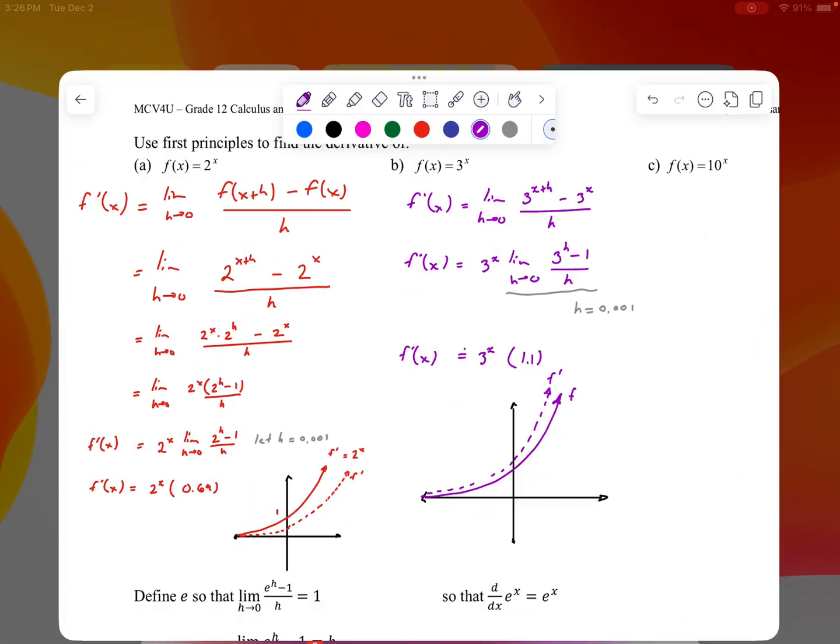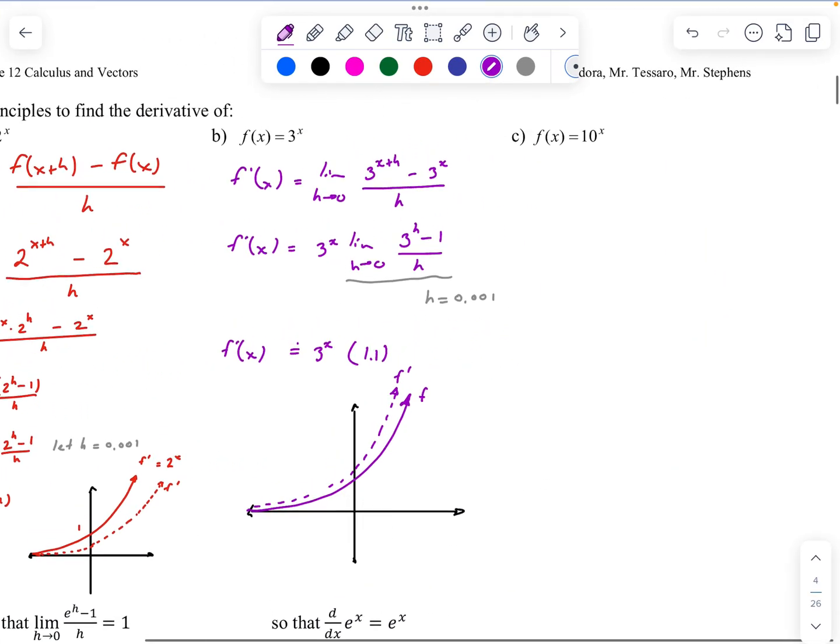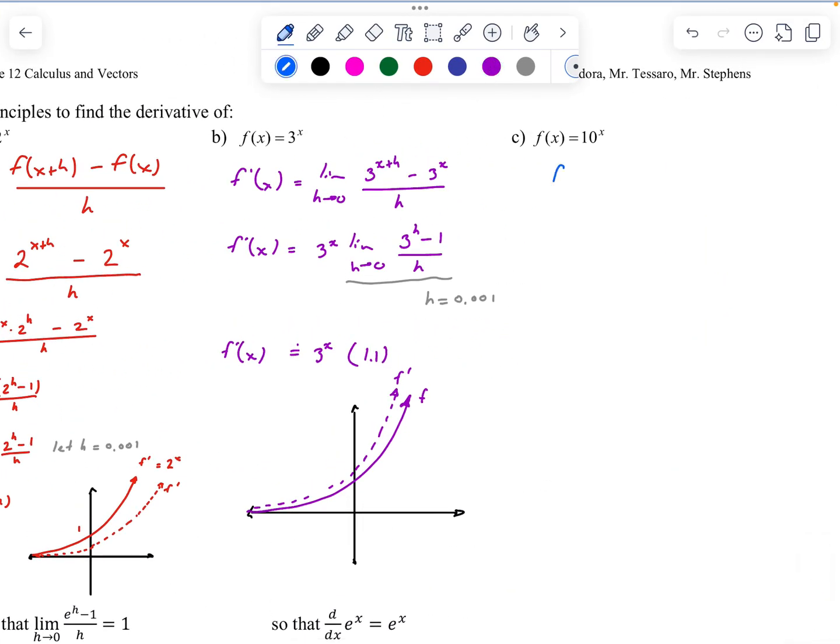Last one, 10 to the x, and I hope you can see where this is going, sort of. f prime of x is, I'll just write out the last step here. And that's, if you plug in h very close to 0, you get something like 2.3.